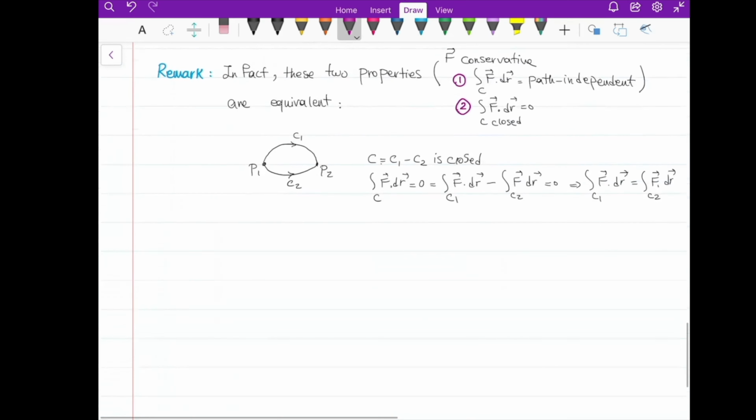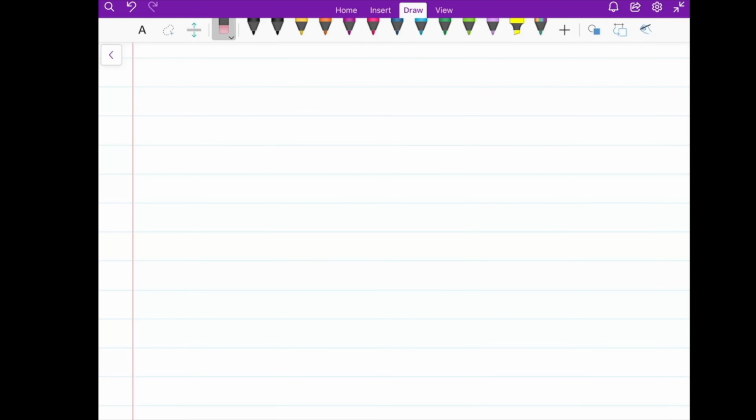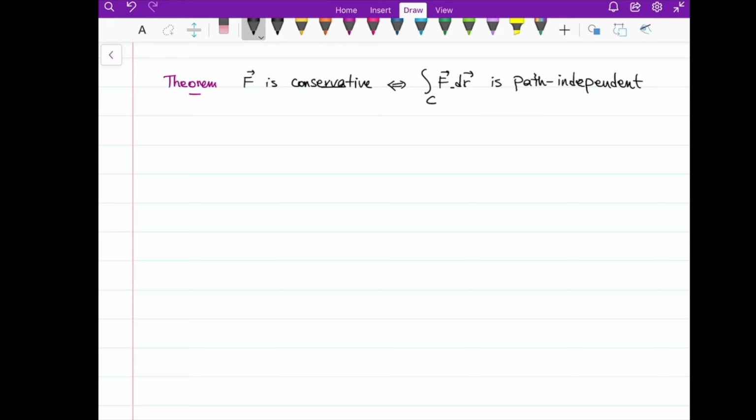So we have a very good theorem in here. The theorem is this: f is conservative if and only if the integral of f dr over the curve C is path independent, which means that it depends only on endpoints.